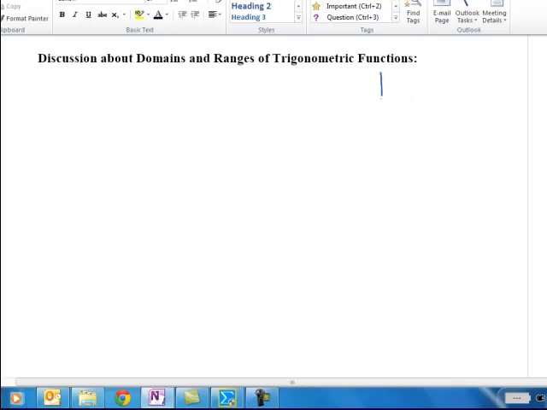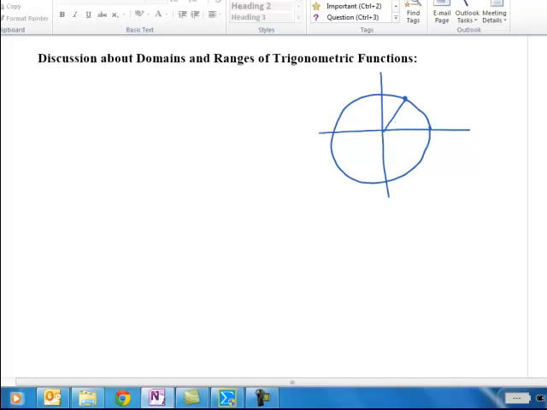So remember from previous videos that the way we define the trig functions for an angle theta is to determine the point on the unit circle on the terminal side of this angle theta, and we say that the sine of theta is the y value of that terminal point on the terminal side. The cosine of theta is the x value.